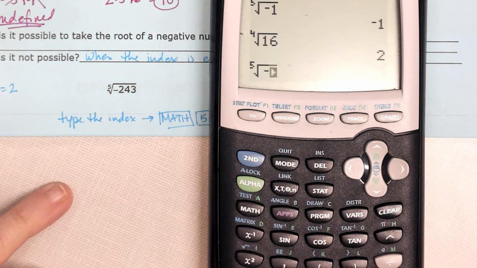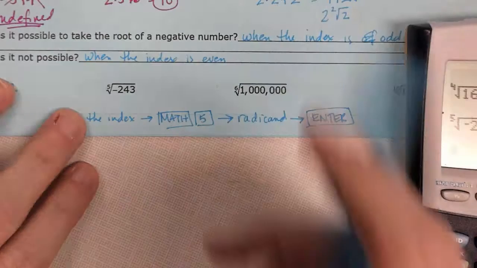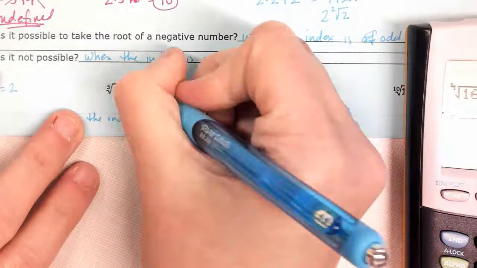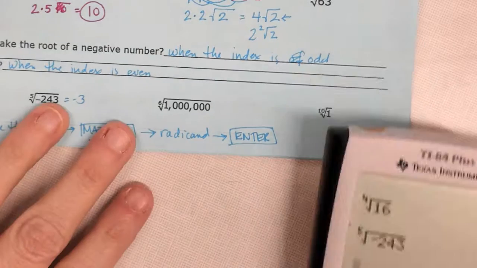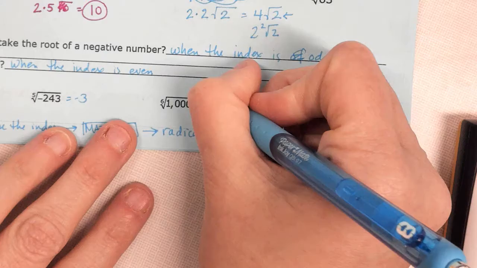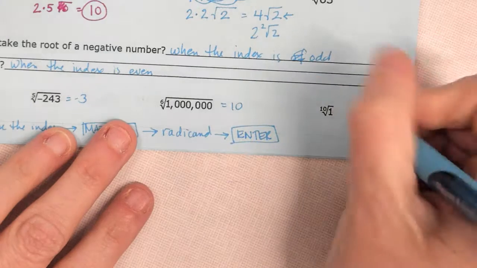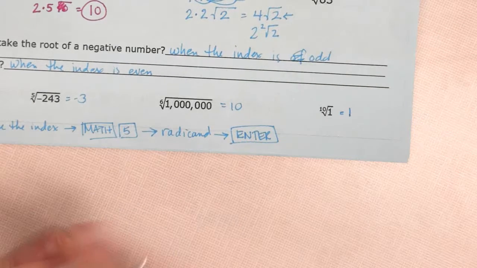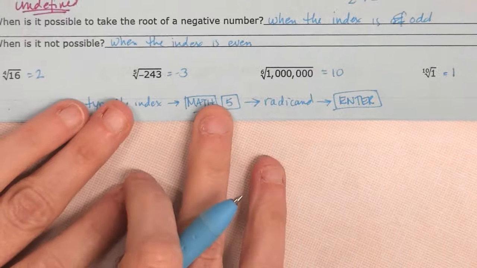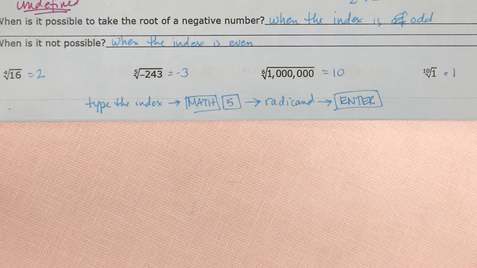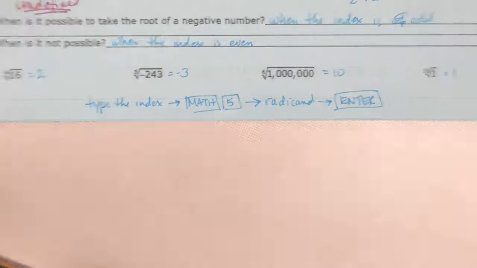I enter the radicand, negative 243, and I hit enter, and it says the solution to that is negative 3. All right? Let's get the other ones done. I already know the answers to these. Okay. When you're done, check and make sure I did these right. Yeah, you got them right. Excellent. I can math. This is a very big day for me.